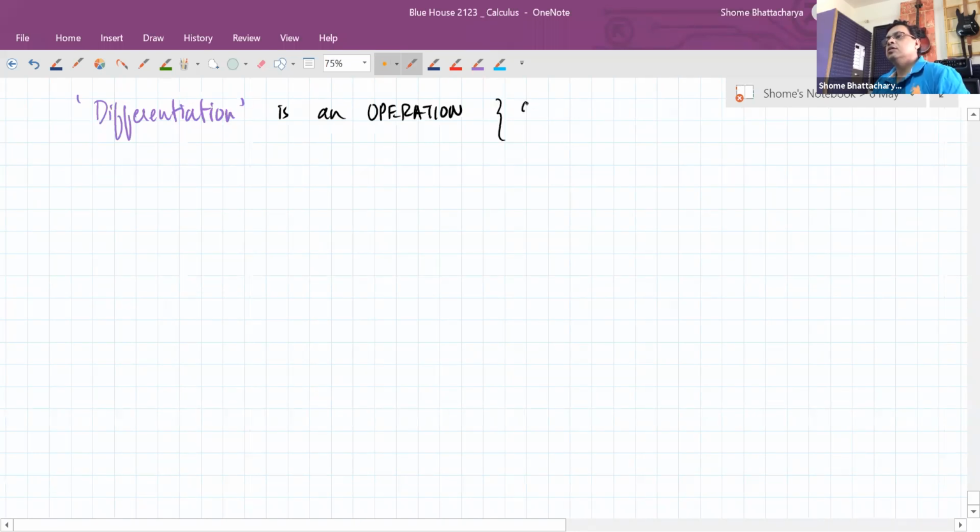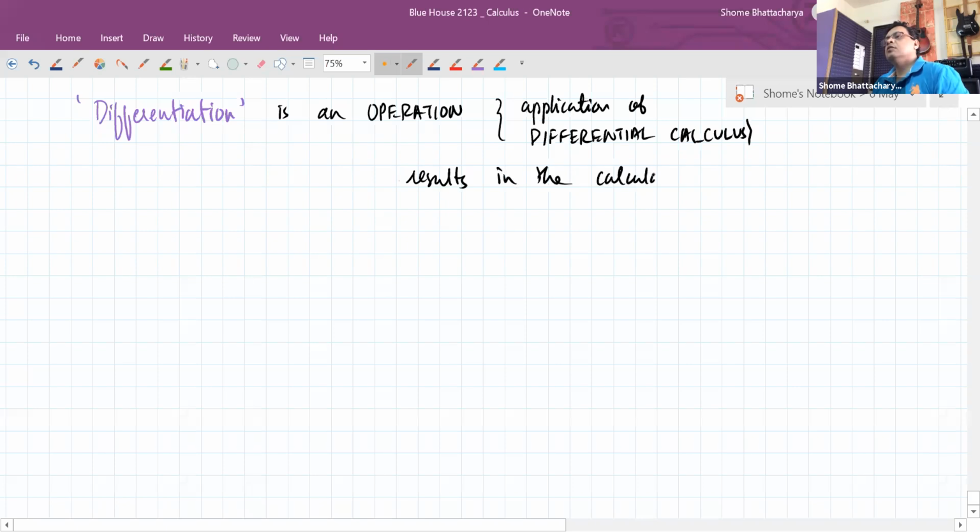It is an operation that comes through application of the subject which we call differential calculus. Now this differentiation operation results in the calculation of instantaneous rate of change.